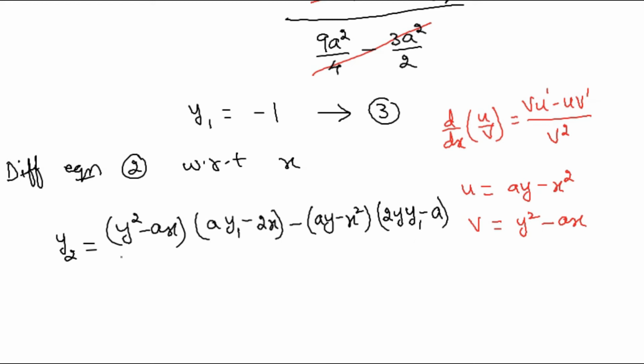It is whole divided by v square. So v square is y square minus of ax whole square.